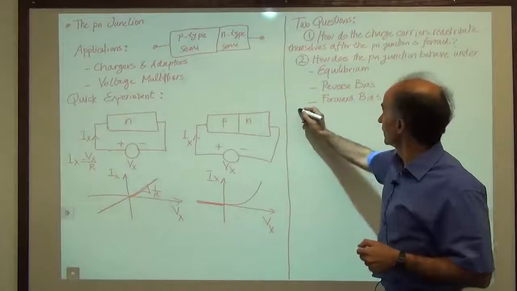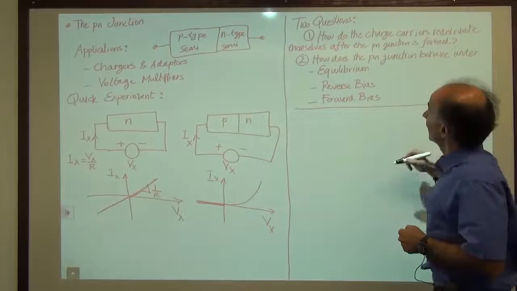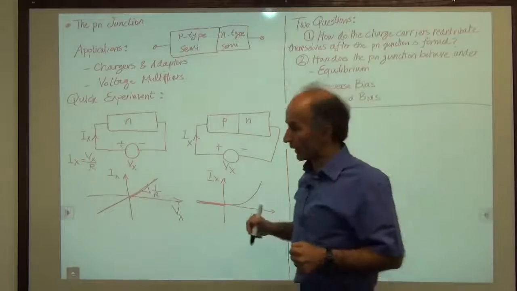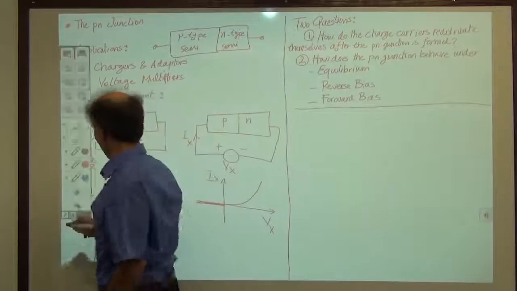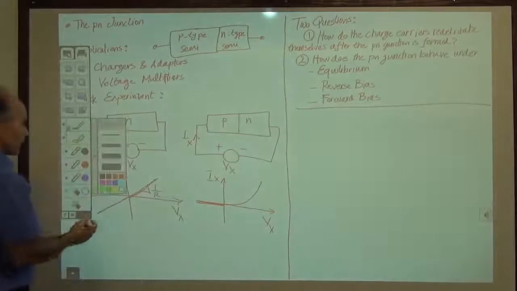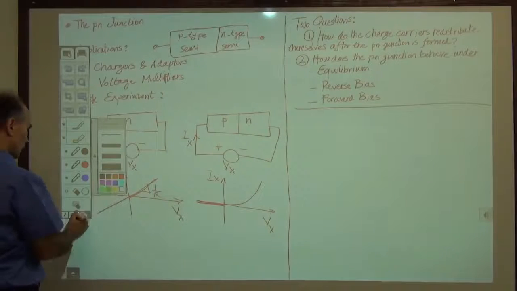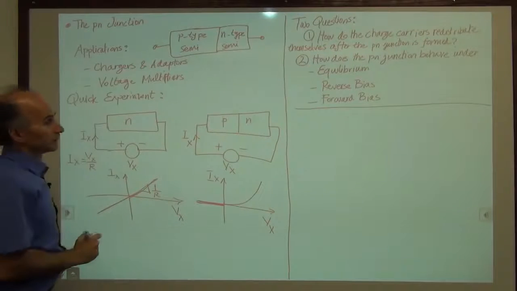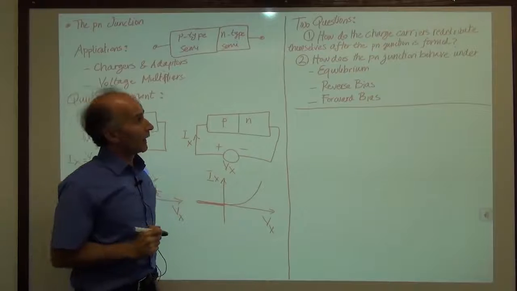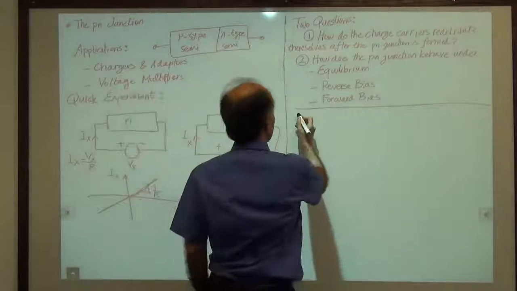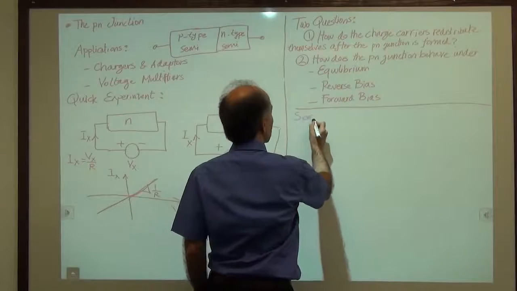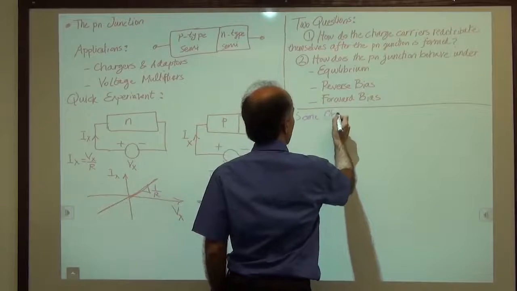Okay, so before answering the first question, I need to refresh your memory about a few things that we have studied so far. So let me change the color of my pen. Okay, so some observations.